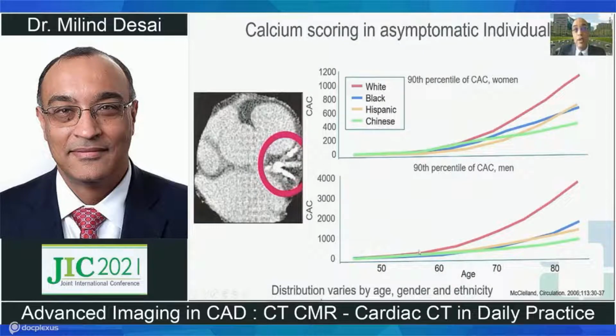As we evaluate this, we must remember that the distribution varies by age, gender, as well as ethnicity. So anytime you are using calcium scoring for prognostication, it is important to keep this in mind. This is data from the MESA study out of the United States demonstrating that Caucasian men have a substantial calcification burden at a much younger age compared to a Chinese woman, for example.